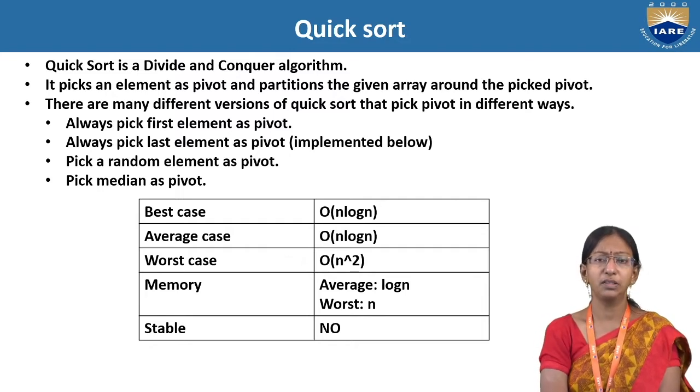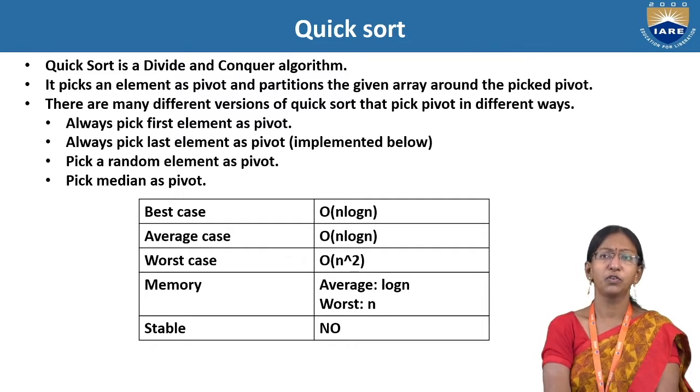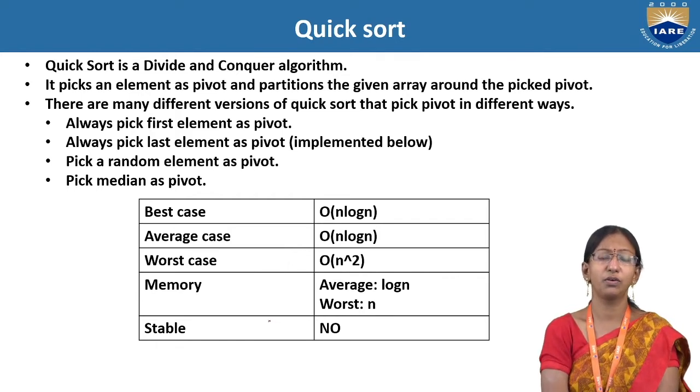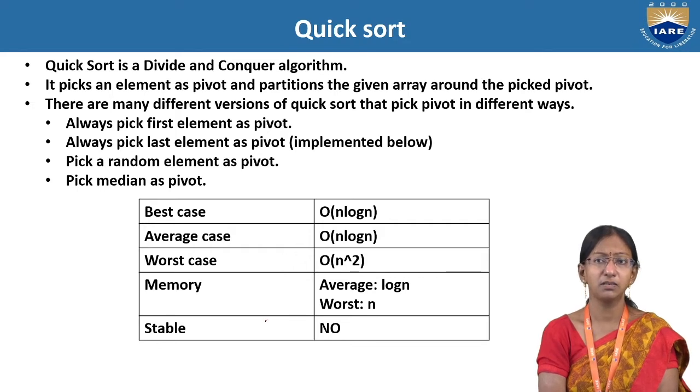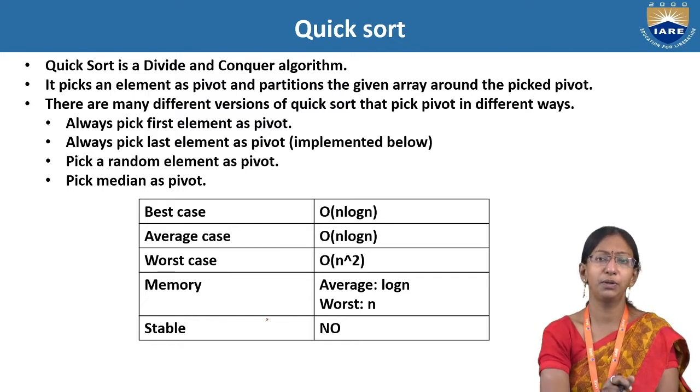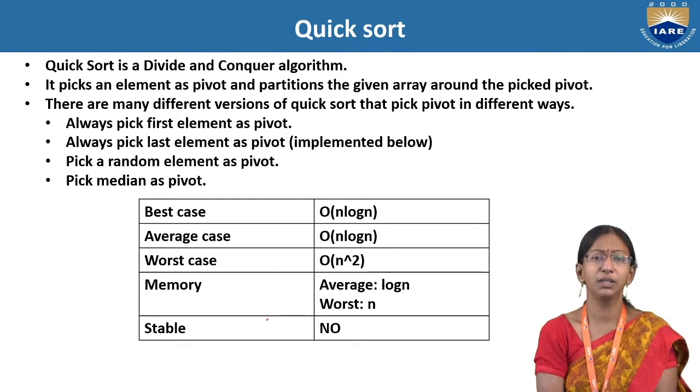Coming to the complexities of quicksort, the best and average case time complexity is order of n log n, whereas the worst case is n square. The memory it is going to use is the same, the size of the list. It needs some temporary variables to store the pivot variable, left element variable, right element variable, some simple temporary memory, nothing much, right?